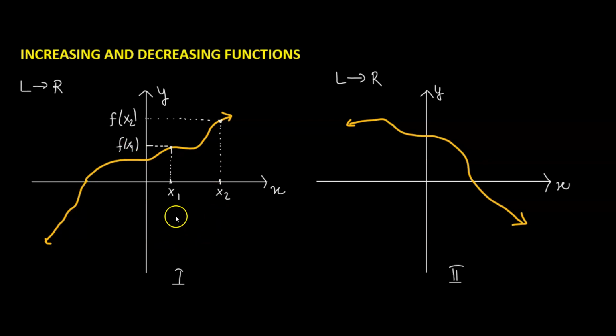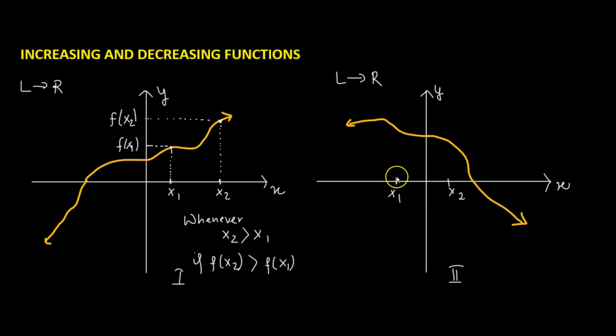Now, whenever x2 is greater than x1, and we find that f of x2 is also greater than f of x1, then we say that our function is increasing in nature. Now coming to graph number 2, let's take 2 points, x1 and x2.